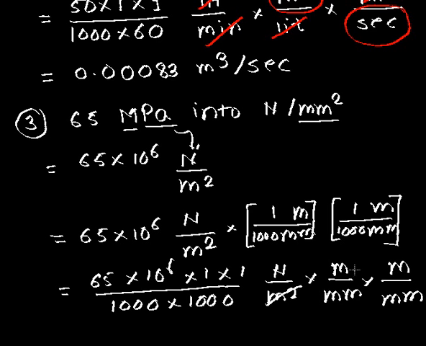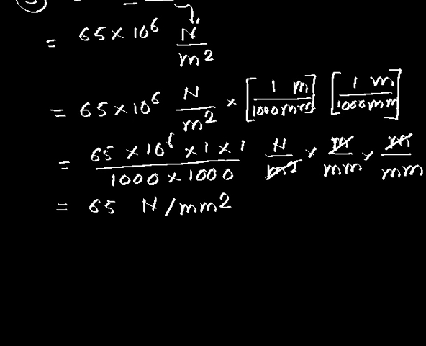This meter square gets cancelled, and finally we get 65 Newton per millimeter square. This 10 raised to 3, 10 raised to 3 gets cancelled with this 10 raised to 6. So this is a very important and very basic method. Thanks for watching.